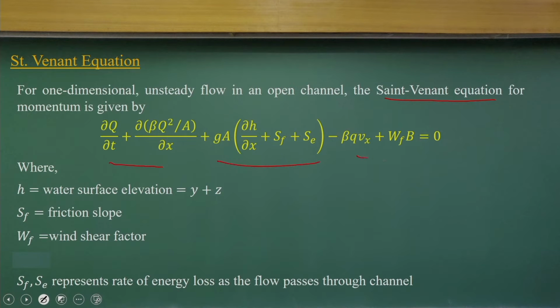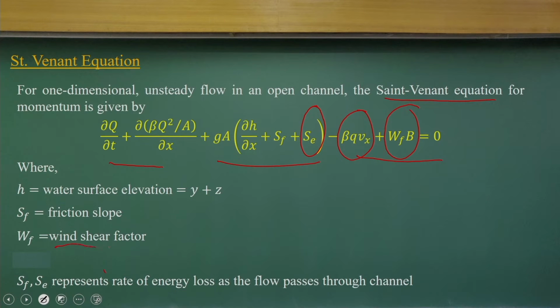The additional components we get are because of expansion and contractions, because of lateral flow, and an additional part we call wind shear factors.